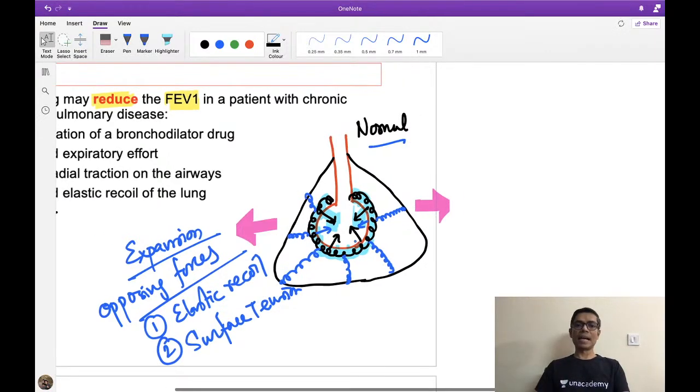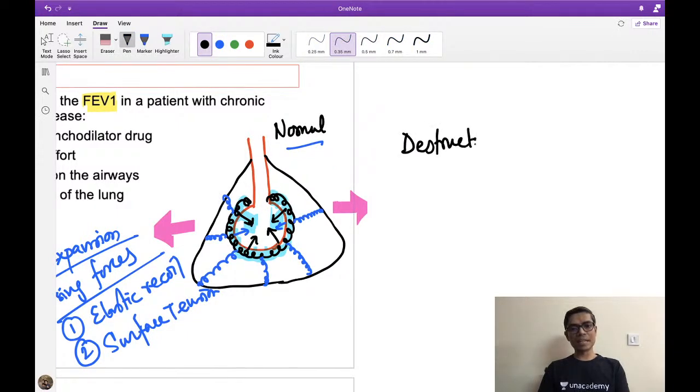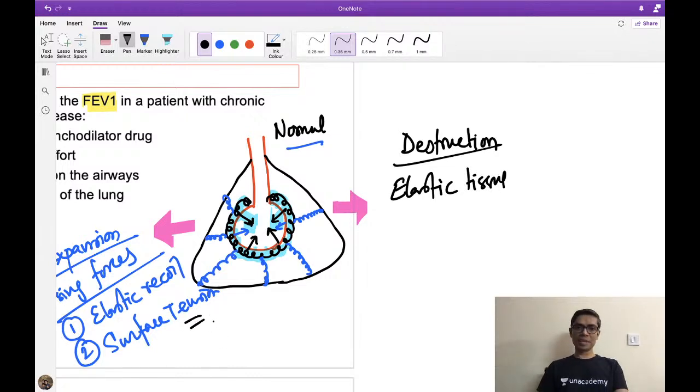That means I can easily understand that if there is destruction of this elastic tissue component, or if there is a decrease in surface tension, in both cases what will happen? There will be an increase in compliance.